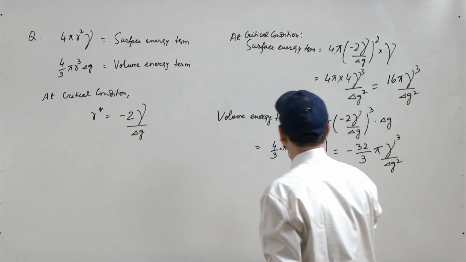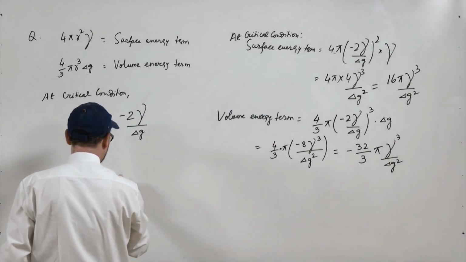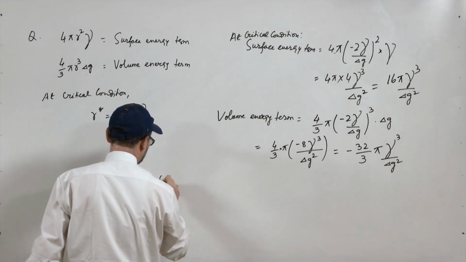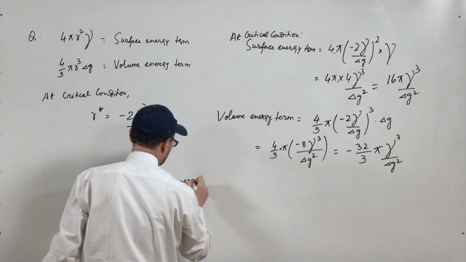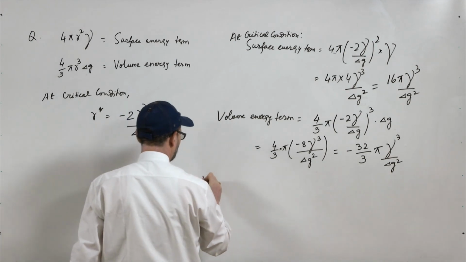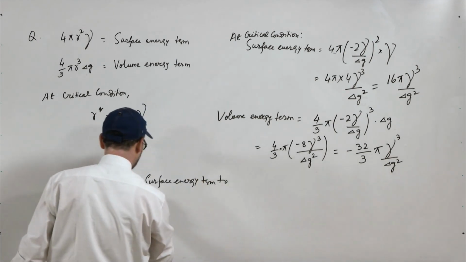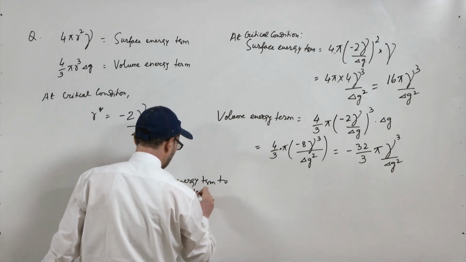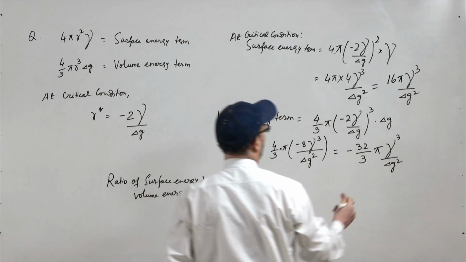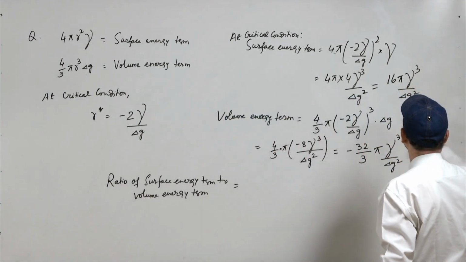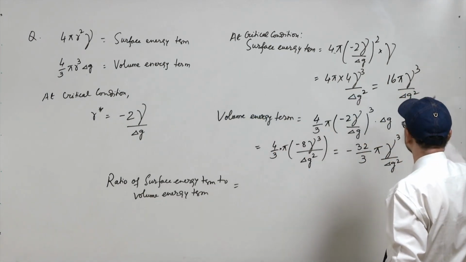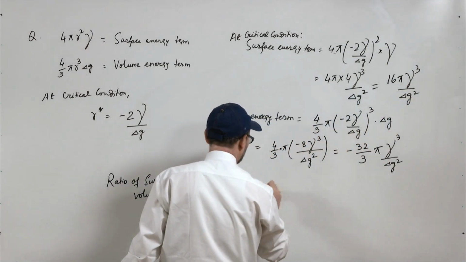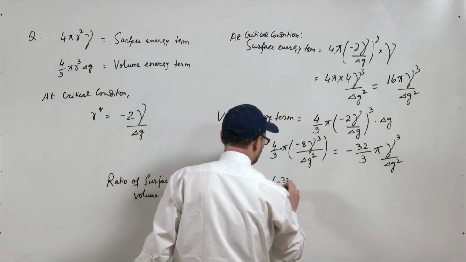So, if you take the ratio of the surface energy term to the volume energy term, it will be nothing but the ratio of these two terms, in which pi gamma cube by delta g square is there as a constant. So, it will be 16 is to minus 32 by 3.